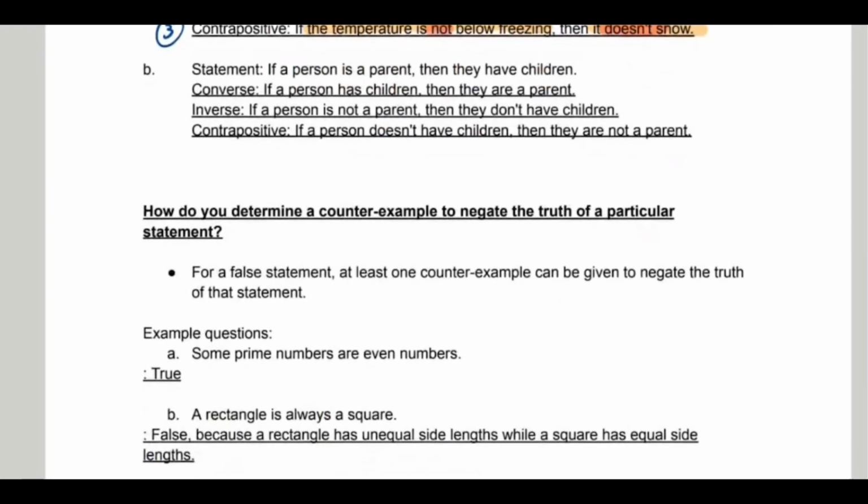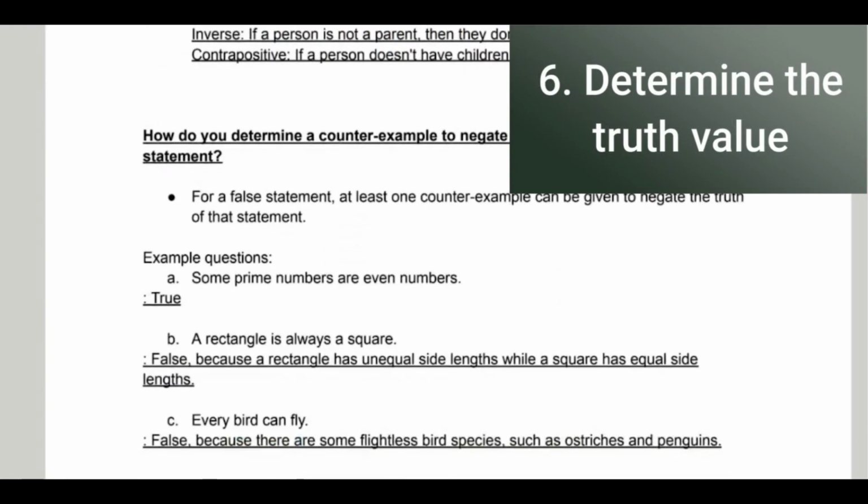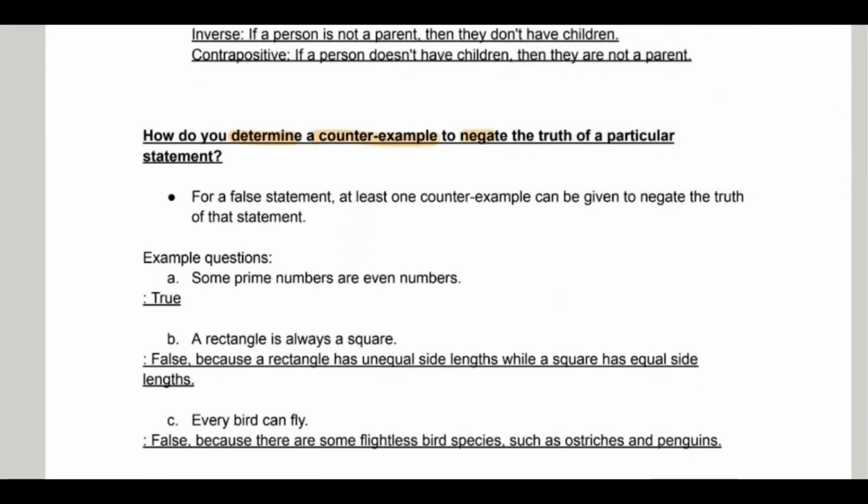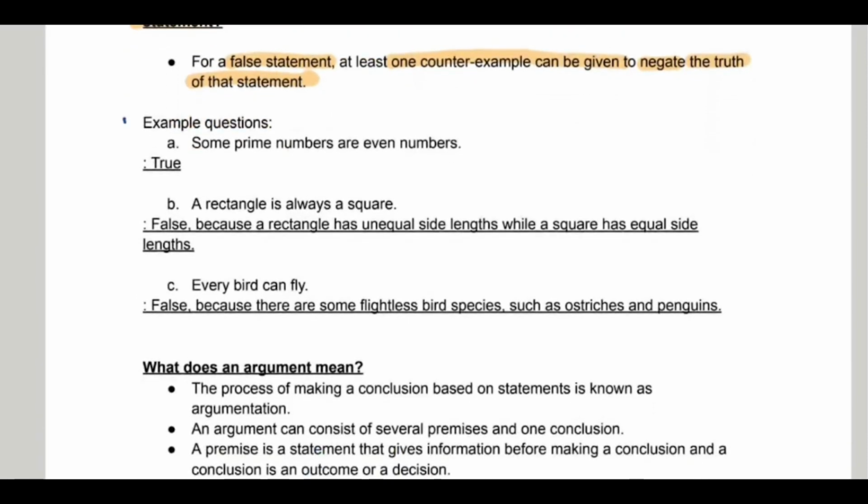So we will continue to determine the counterexample to negate the truth of a particular statement. For a false statement, at least one counterexample can be given to negate the truth of the statement. So for the first example, some prime numbers are even numbers.